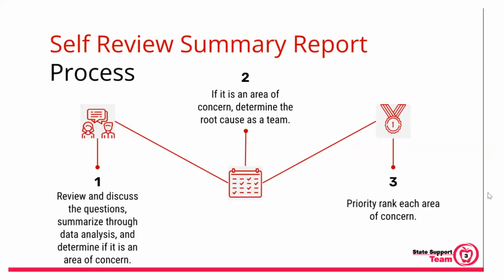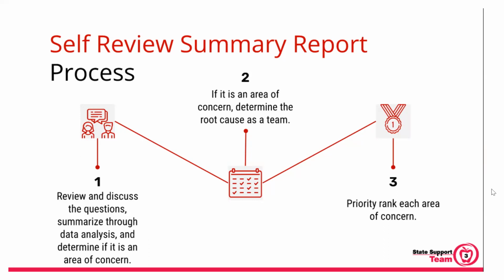So this is just a simple overview of the SRSR process. You go through as a team, hopefully review and discuss the questions that are on the SRSR, using your data, and determine if it's an area of concern.